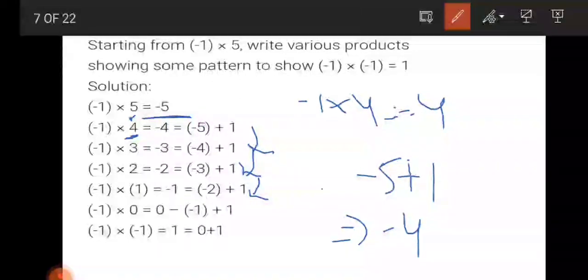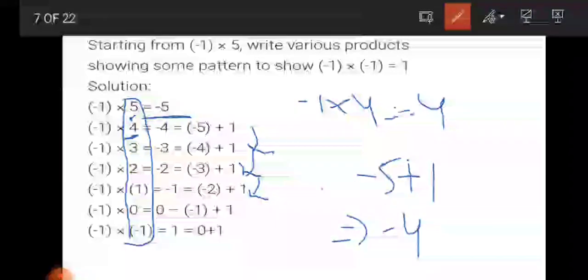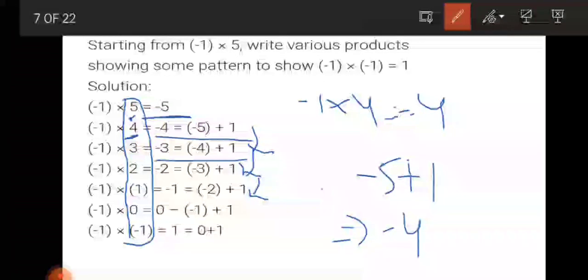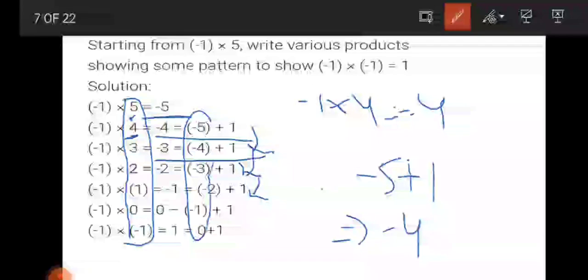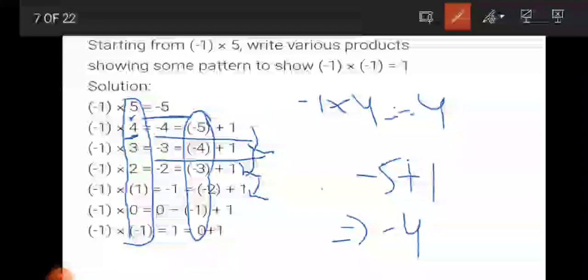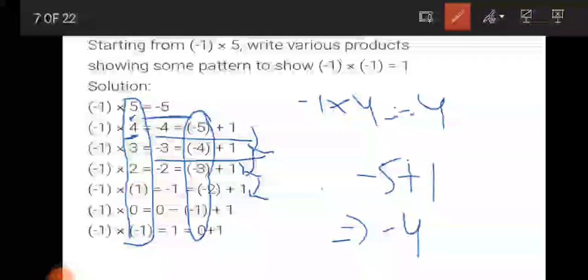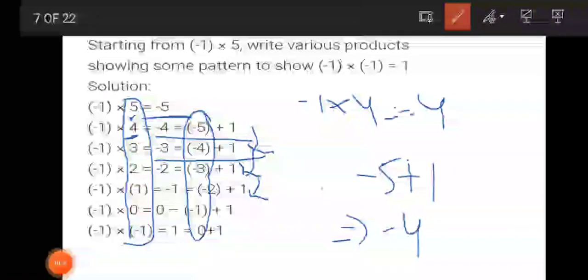You just reduce one number one by one, and then you make a pattern like this. With 3 and minus 3, you list one number one by one, all digits. One digit you subtract by one after one pattern, and you make a pattern. It's very easy. You use your brain only, nothing else to do.